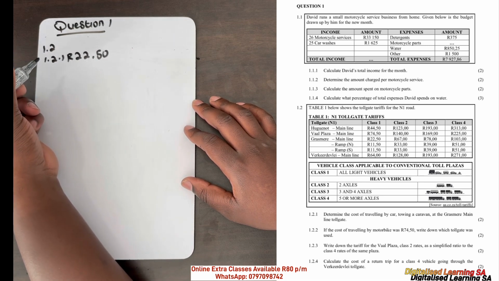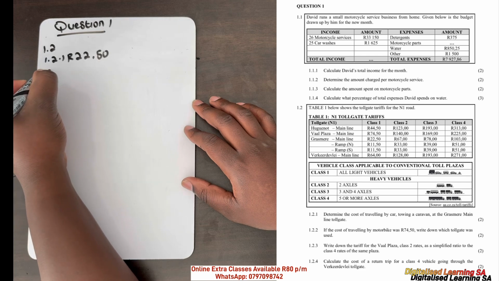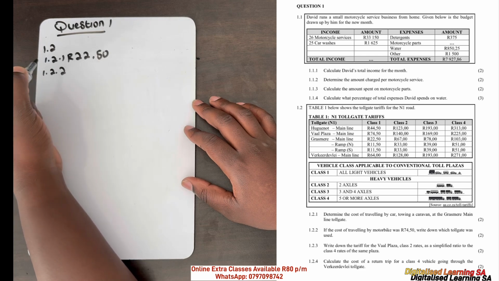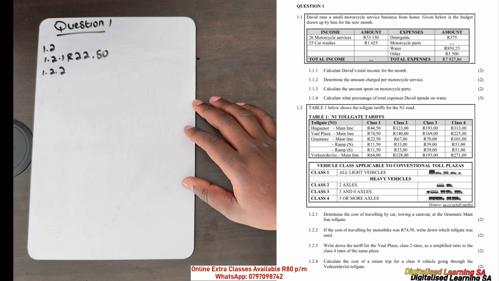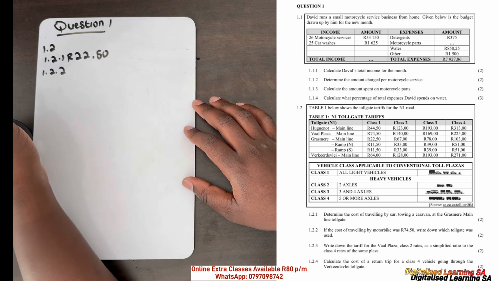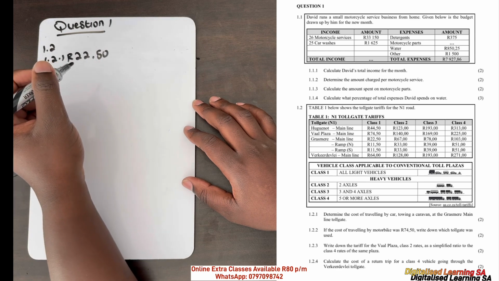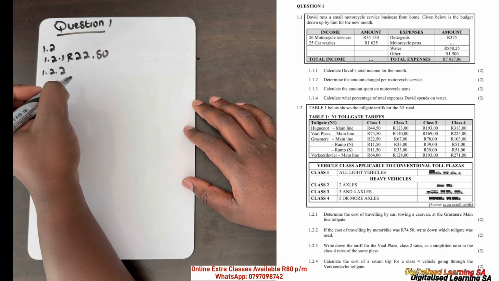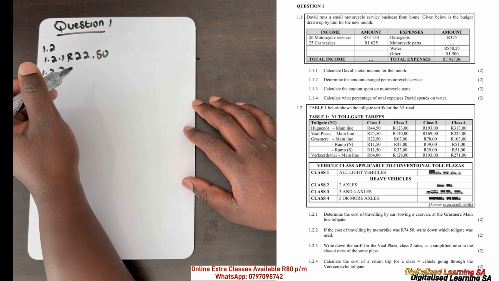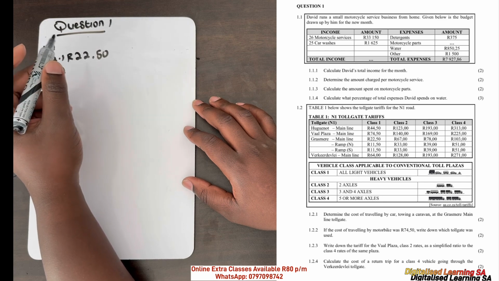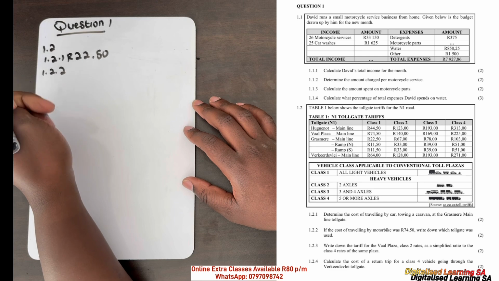Okay, so now let's move to the next question, which is question 1.2.2. So question 1.2.2 says, if the cost of traveling by motorbike was 74.50, write down which toll gate was used. So what we need to check first is that motorbike falls under class 1.